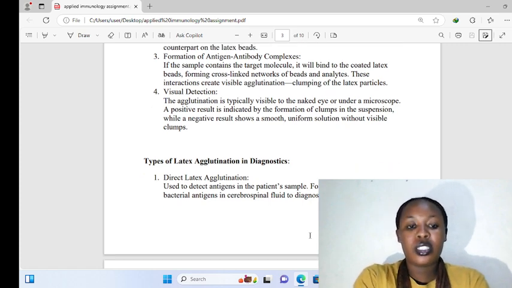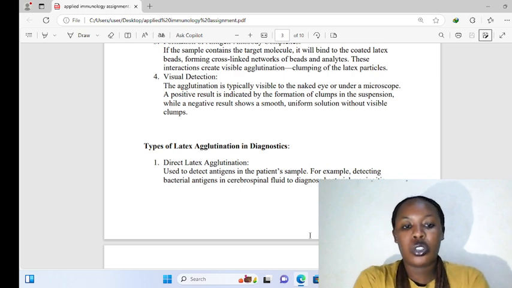The fourth procedure is visual detection. The agglutination is typically visible to the naked eye or under a microscope, where a positive result is indicated by formation of clumps in suspension, while a negative result shows a smooth, uniform solution without visible clumps.